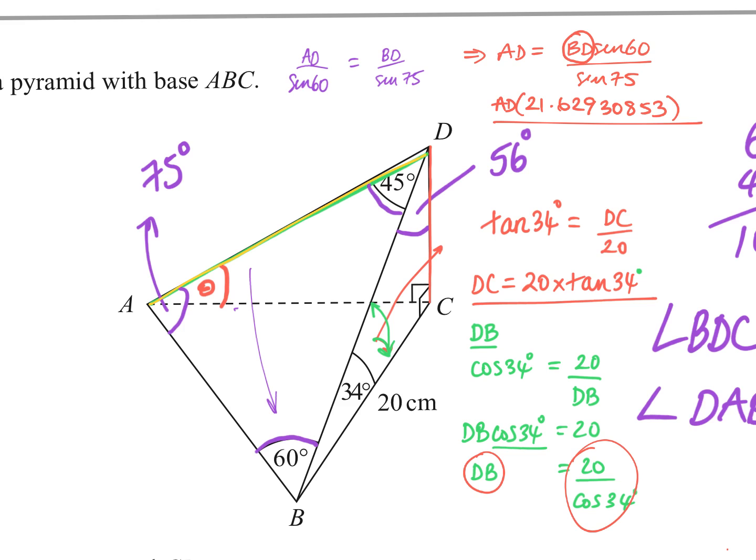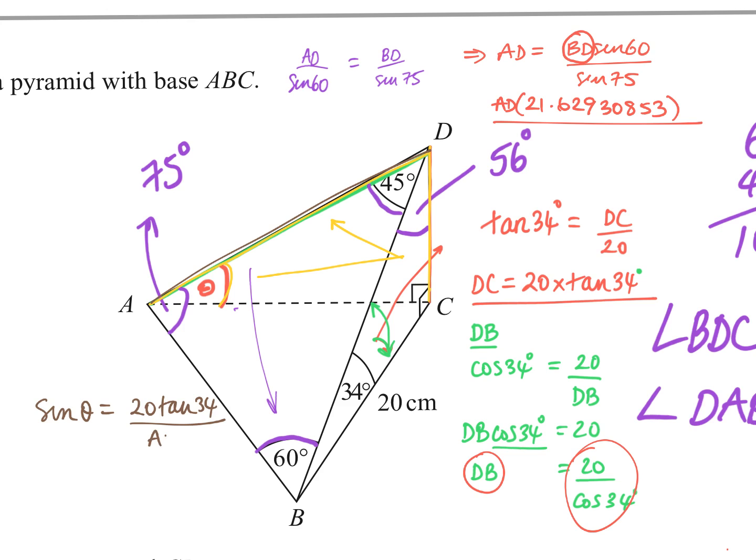So I've got AD, I've got DC, and I need this angle, so we're going to use opposite over hypotenuse, which is sine. So I'll do this down here. So we know that the sine of the angle we want is opposite, which is DC, which is that 20 tan 34 number, which we can put in the calculator, so that's not going to worry us, over AD, which is the answer we've just got.